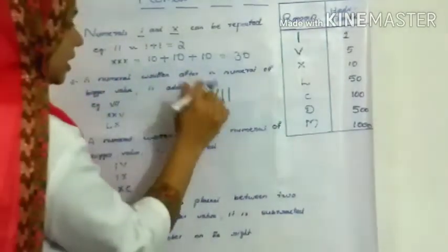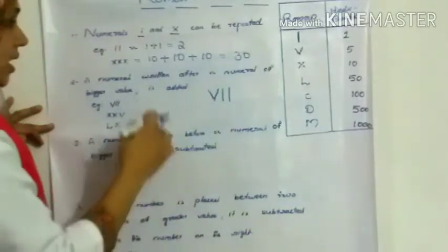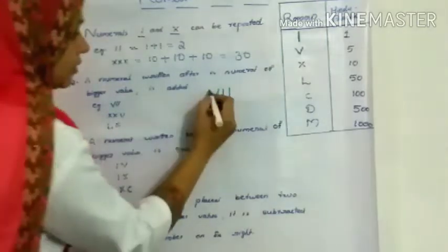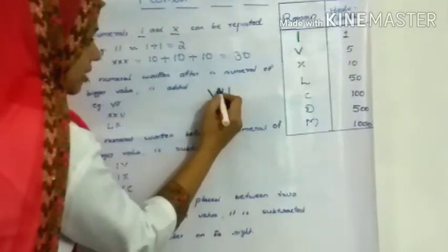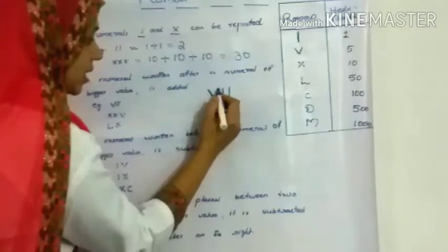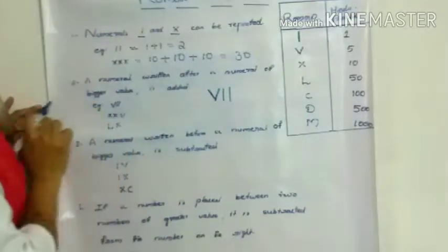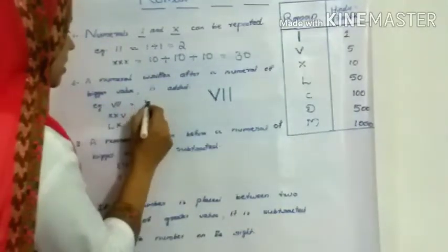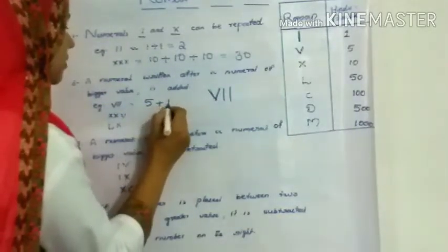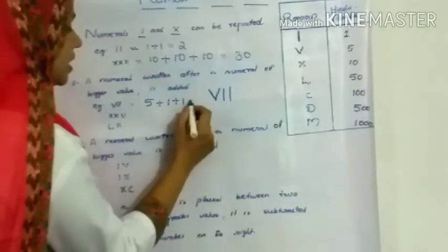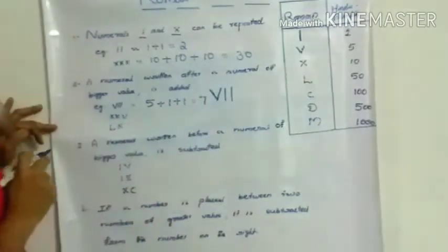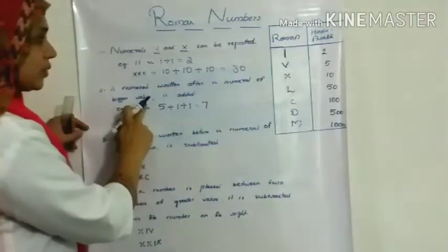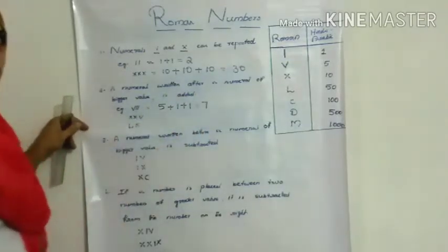If we write a smaller value after a bigger value, it is added. That means 5 plus 1 plus 1, that is 7.